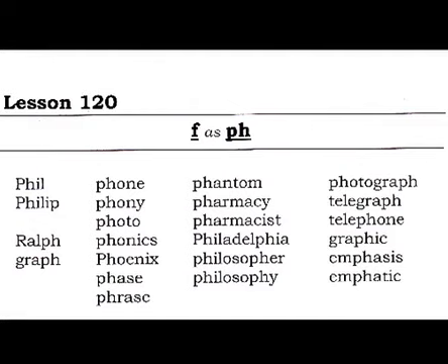Now in lesson 120, we once more go over the PH spelling of the F consonant sound. There are lots of words in which the F is pronounced PH, and those words generally come from Greek.